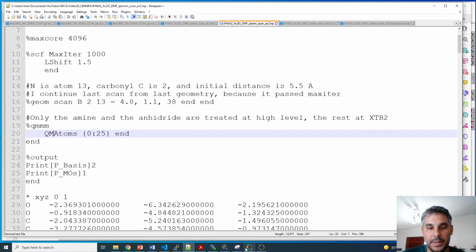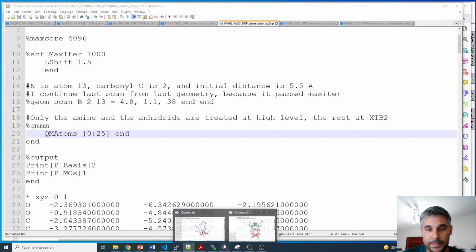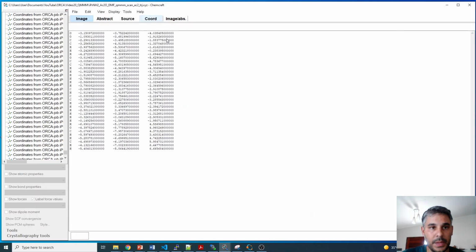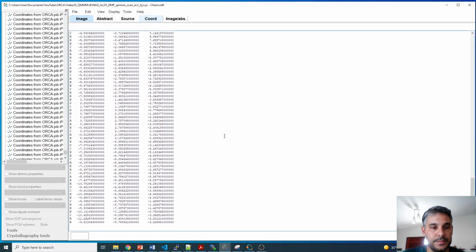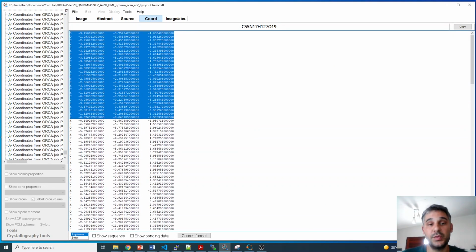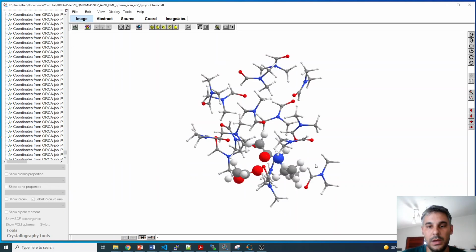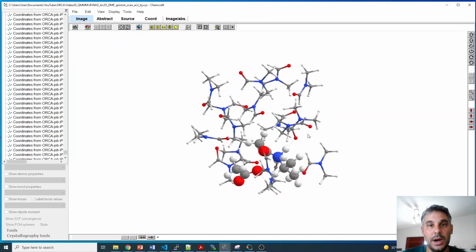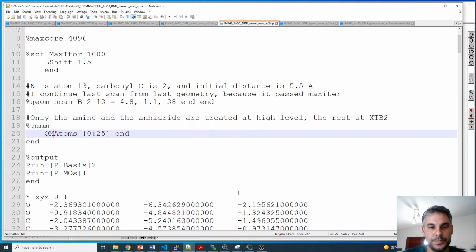So basically, if I go back to Chemcraft, in the coordinates, I have many atoms, but basically only the first 26 atoms from these two molecules are treated at the PBE0 level of theory.